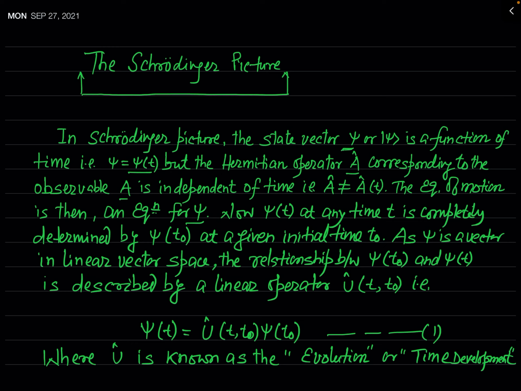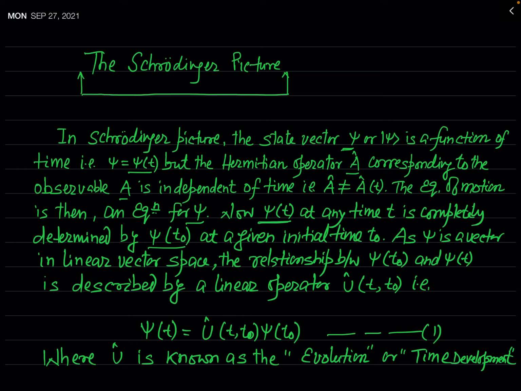According to the postulate of quantum mechanics, if we know the state vector at any initial time, let us say t naught, which is psi of t naught, then it is possible to find the state vector at any later time t, that is, the value of psi of t. As you know, this state vector psi is a vector of a linear vector space.